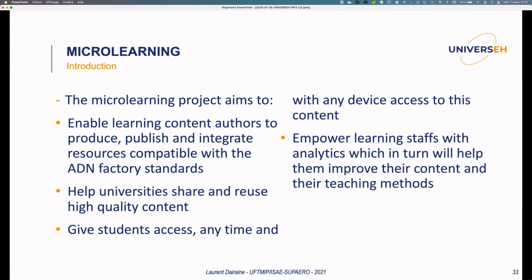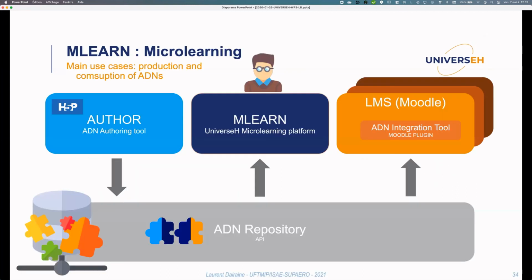They will be able to choose and go directly to the ADN. You've got the LMS approach, but here we want to access directly the micro-learning nuggets and give students the best tools to learn with them.